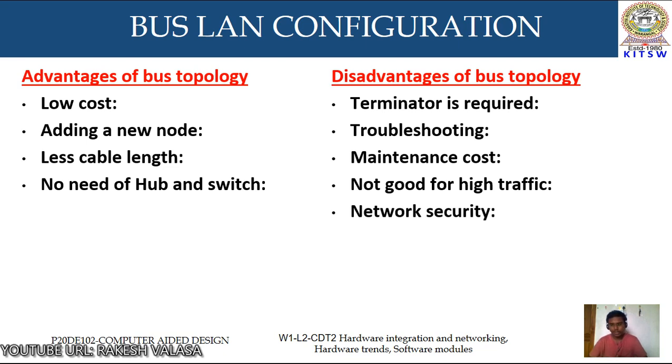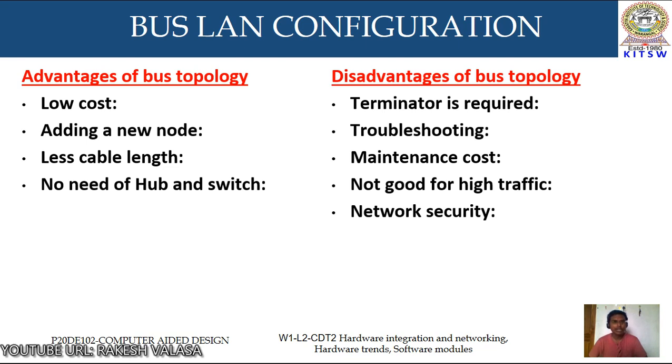As all the computers receive signals from the source computer, it is not good in terms of security. Any computer can read the data transferred in the network, and hackers can easily get data by connecting to the network. These are the few advantages and disadvantages of bus LAN configuration.